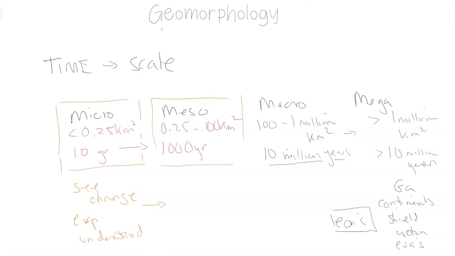So again, the depth of knowledge is going to decrease as we go towards the mega compared to micro. Not only is this a very large subject, but now we're looking at huge amounts of area and timescales to figure out as well.